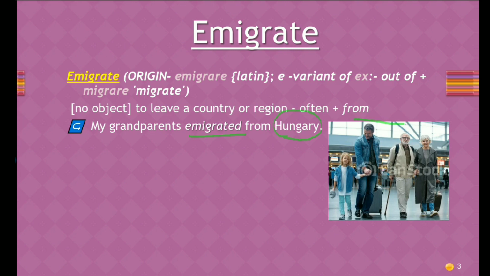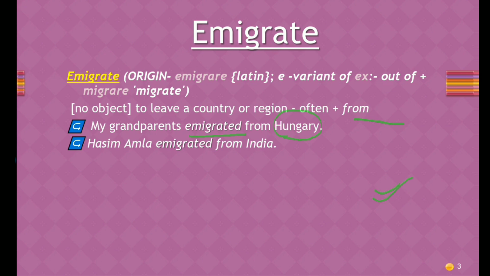Like here you can see in the image, they are going to live in another country by leaving Hungary. That might be their native country, or the other country where they used to live.